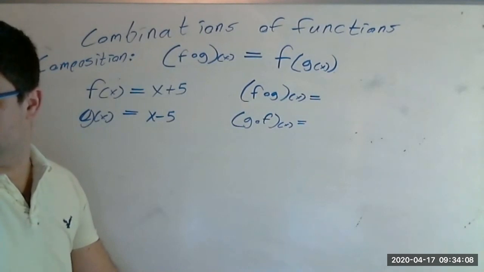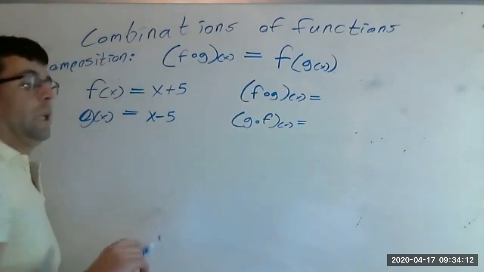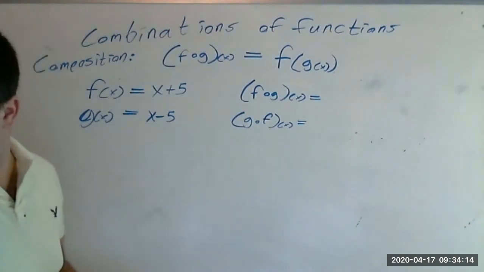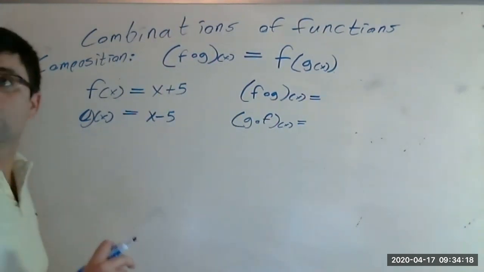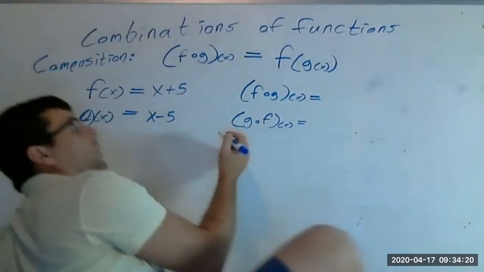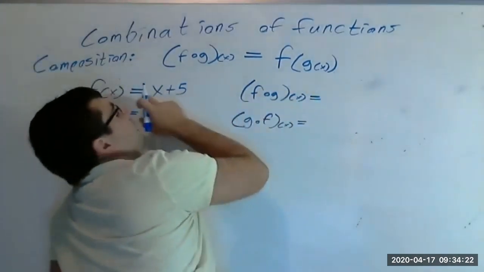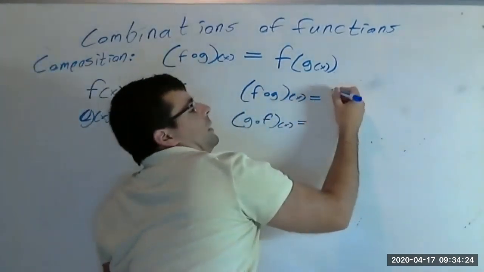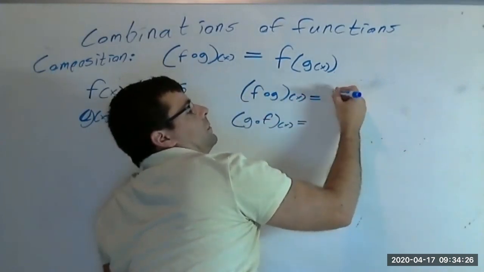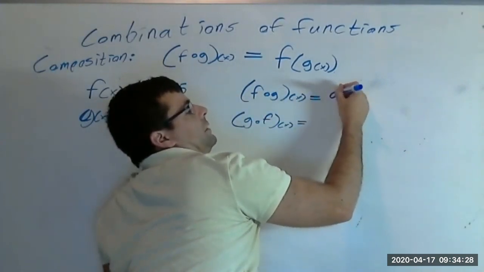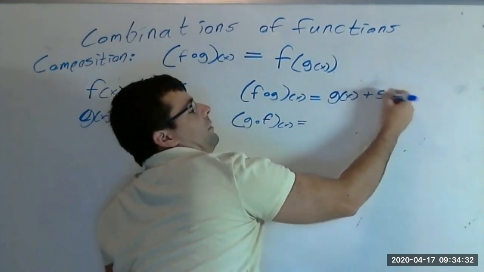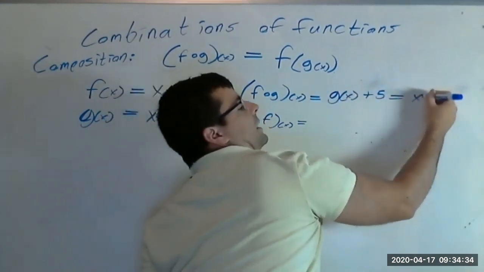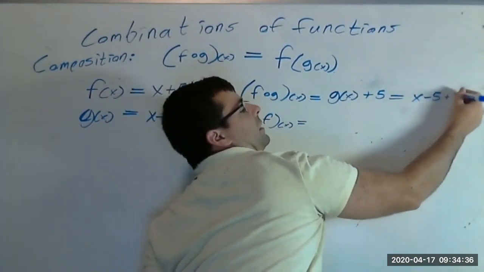Aren't both of them just x since both 5s cancel out each other? You are exactly right. So let's just do it. f of g of x is g of x plus 5, x minus 5 plus 5.